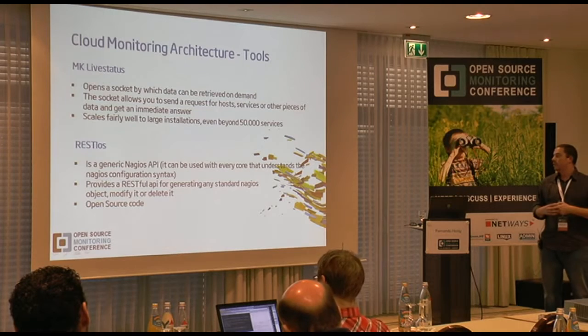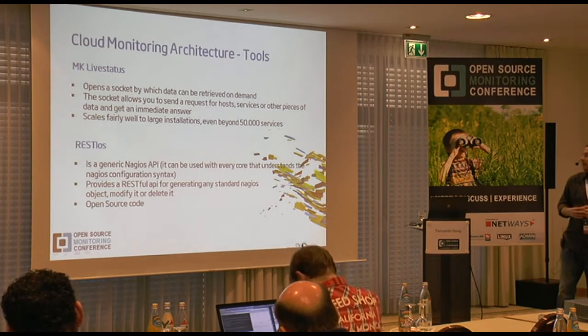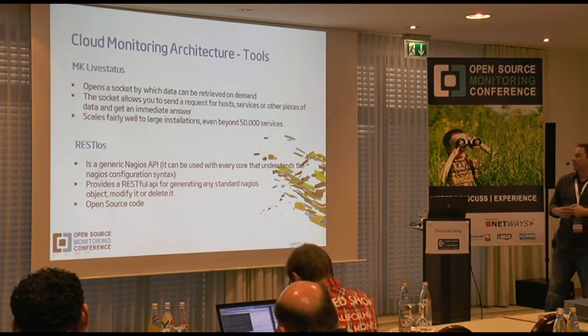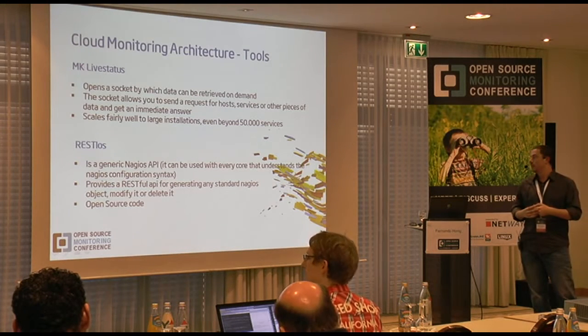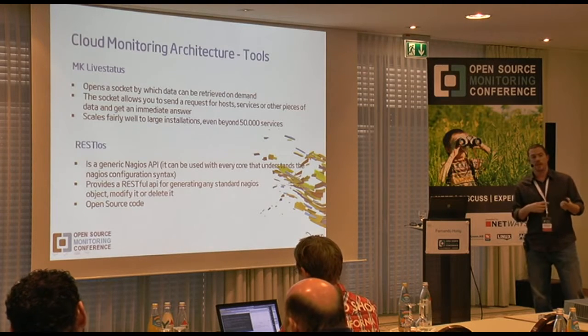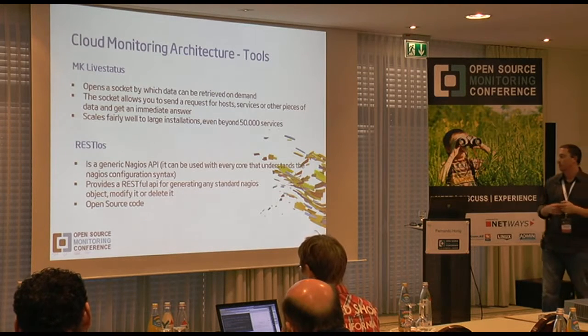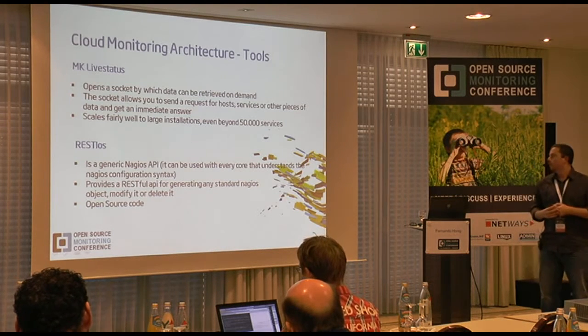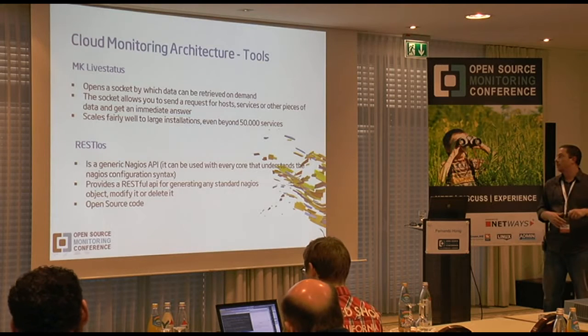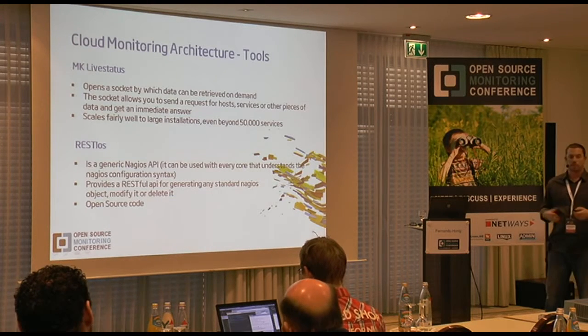The other thing that we're using is a REST API. We installed that on the Nagios servers, and with that we can create or delete the hosts that we're creating or deleting. The good thing is both are open source, so you can modify them as you want.